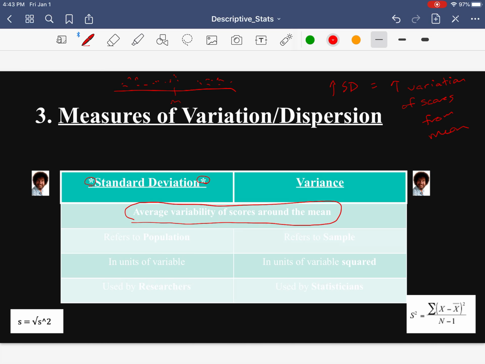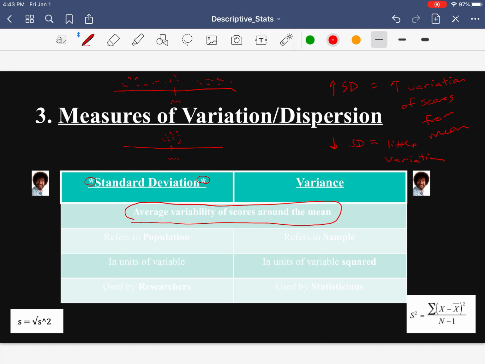There's a lot of variation. A lower standard deviation means that there's little variation. So if I have my x-axis and I have my mean, if it's a lower standard deviation, all my scores are going to be much closer to the mean. There's not much variation.